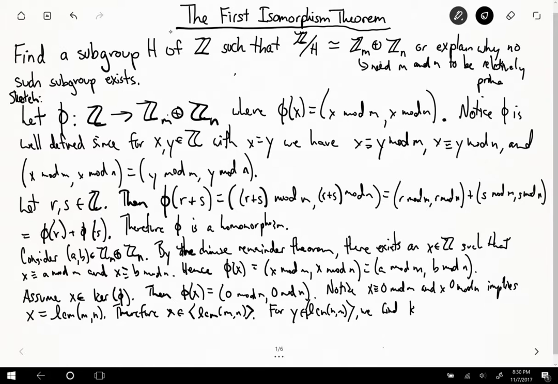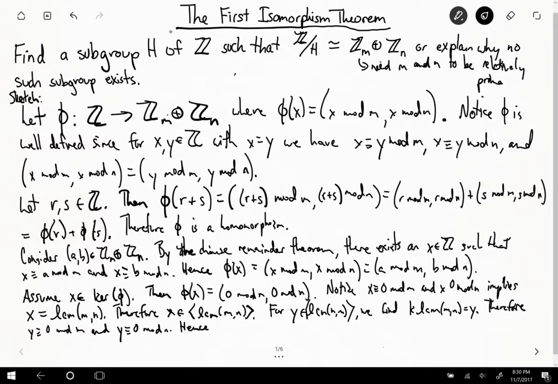So you have k times LCM of m and n equals y. Therefore, when you reduce that down, you get y is congruent to 0 mod m, because it's a multiple of m, and y is congruent to 0 mod n.